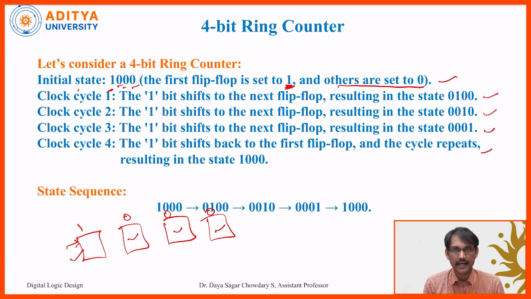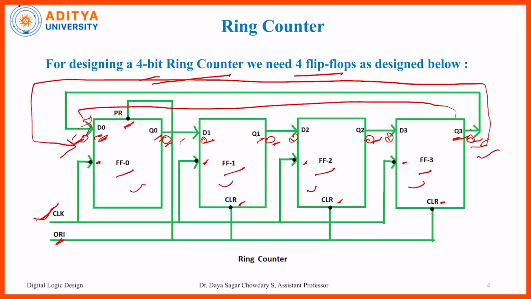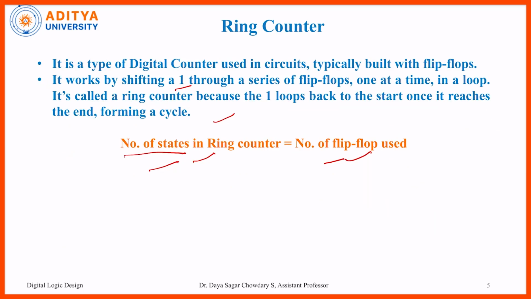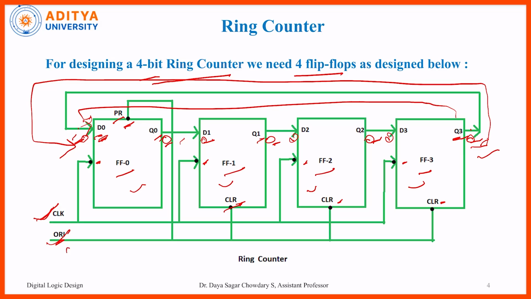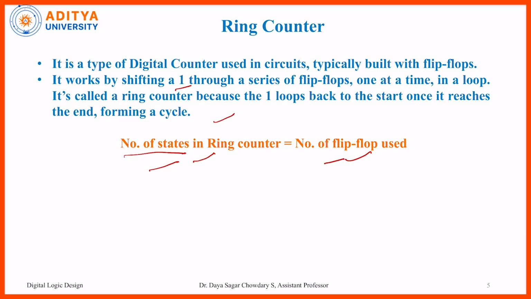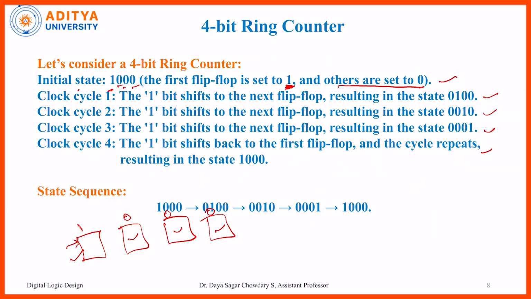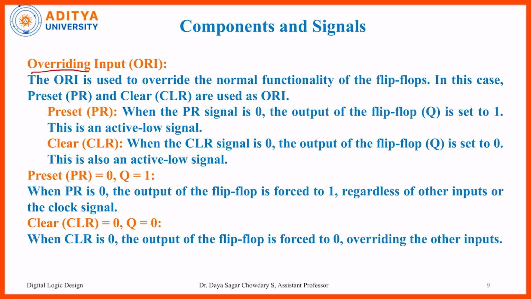We can achieve this with the help of signals we already used: the override input, ORI, PR, that is preset, and CLR, that is clear. By applying ORI as 0, we can check that in the next slides. So this is the ORI input, that means overriding input. Now preset, and this is clear.